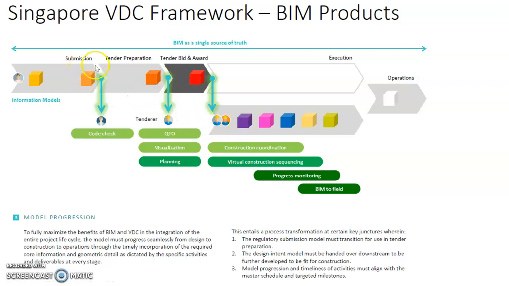For example, by the time you reach the submission stage, the model must be sufficiently built up to allow the regulatory officers to do their checking, code checking and all that. By the end of the tender preparation stage, the model must be sufficiently built up to allow the costing or quantity taking off, allow visualization, allow planning, and so on and so forth.